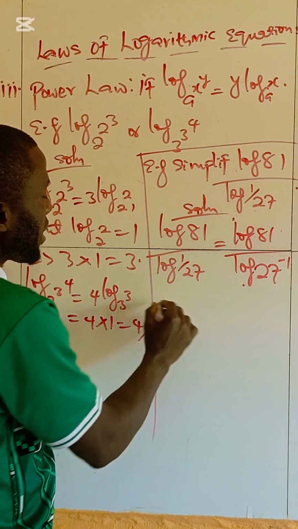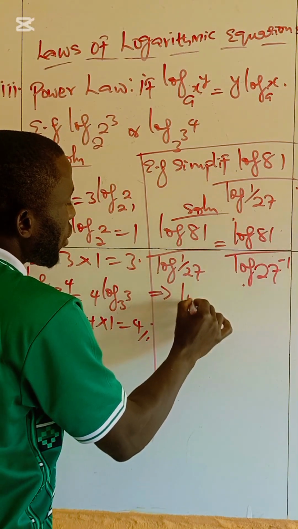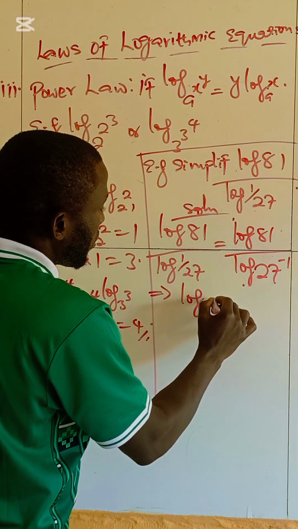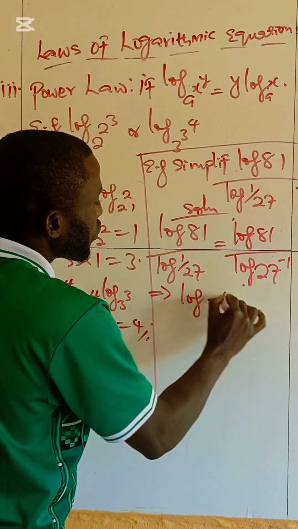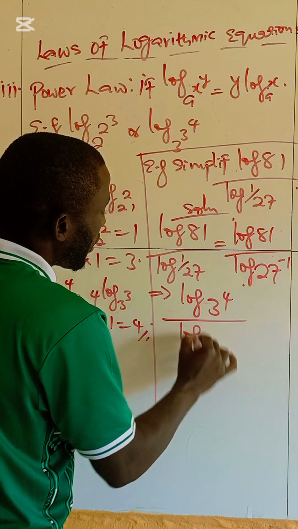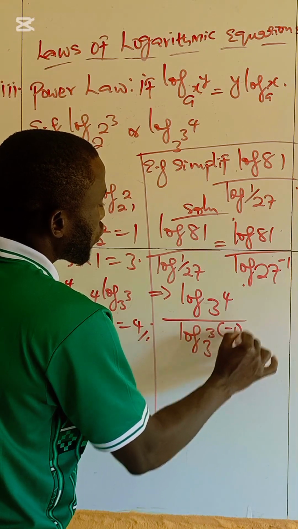Let's leave it this way, so that it now becomes log of 3 raised to the power of 4 all over log of 3 raised to the power of 3, all raised to minus 1.